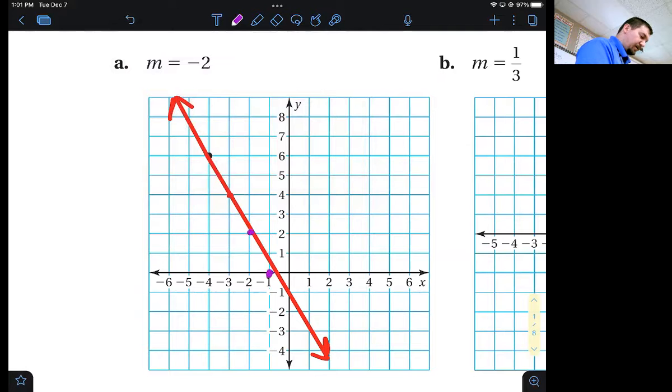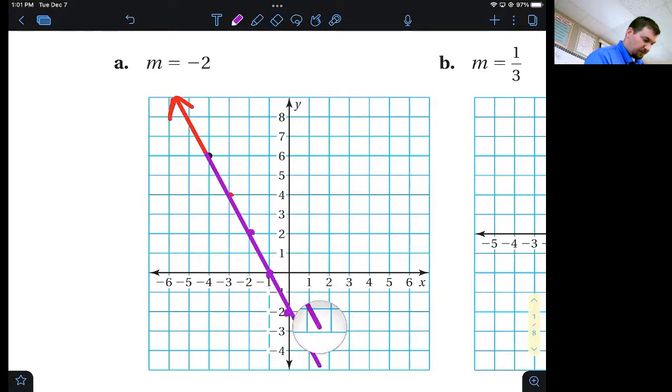I know that this point's on the line. I know that, whoa, it really isn't straight, is it? Thanks, graphing line feature from Notability. Let's make sure I draw a straight line here. So it should look like this. It's closer. There we go.